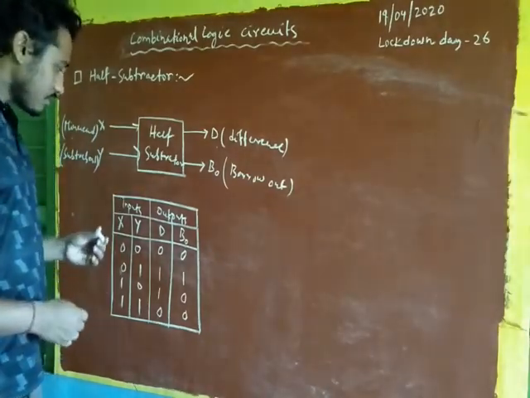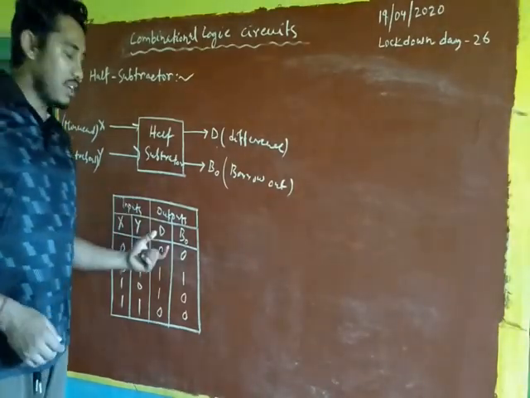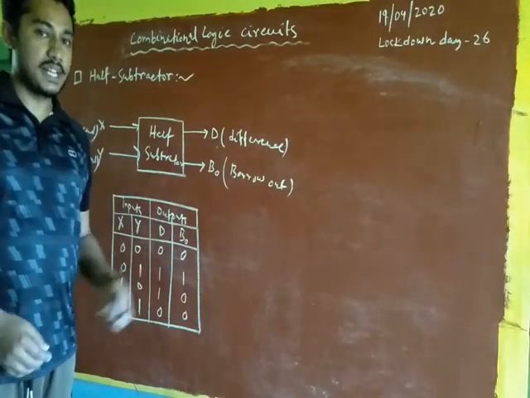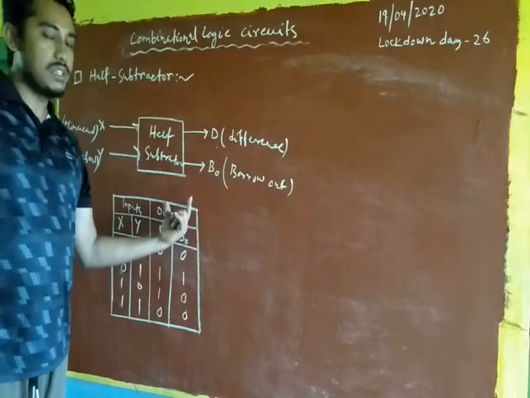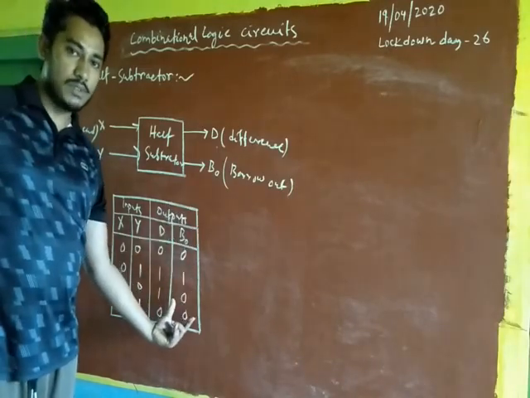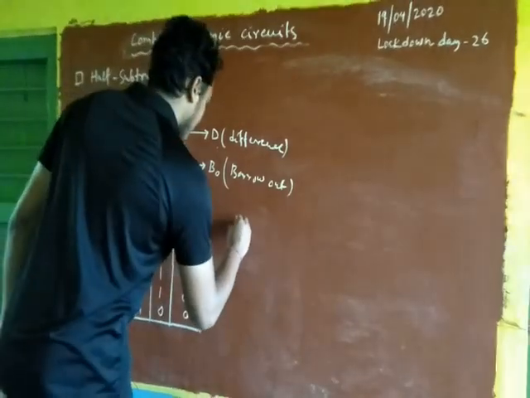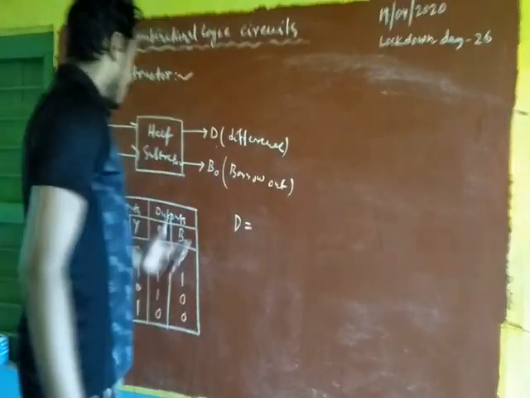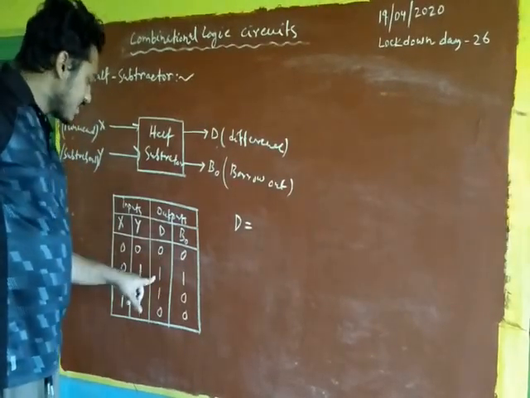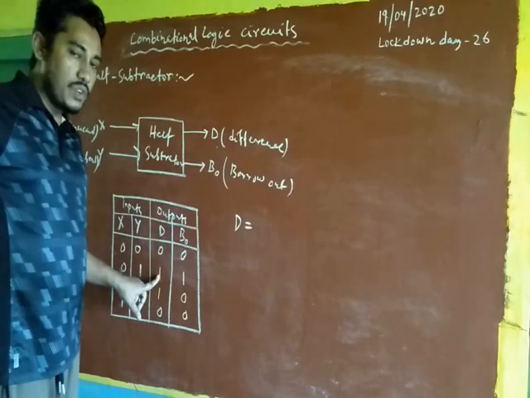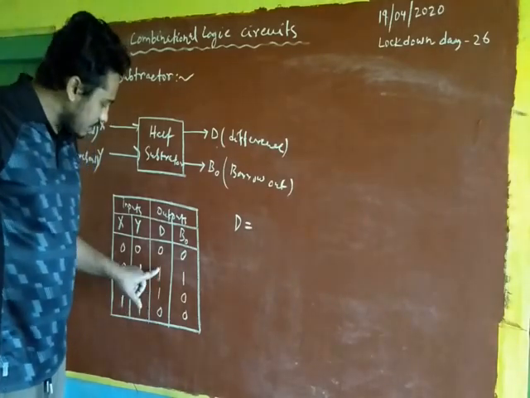Now after the truth table we need to design the logic expressions. How to get the logic expression for D and for borrow out? We get it by summing up all those input combinations for which the difference output is 1. How many ones are there? 1 and 2.